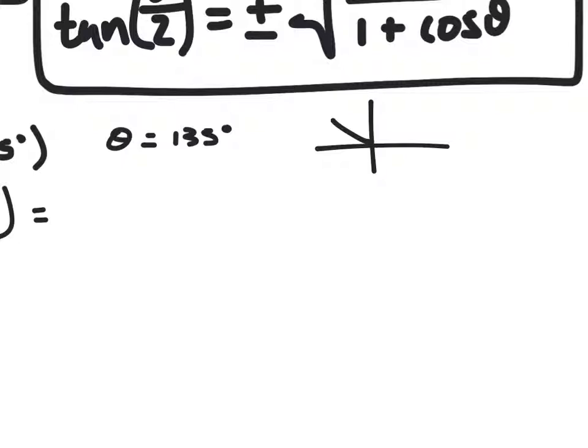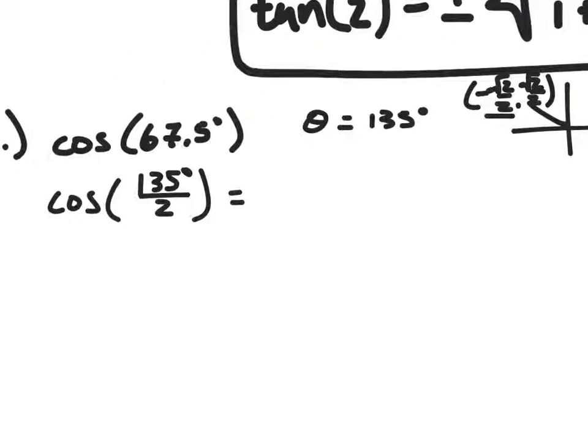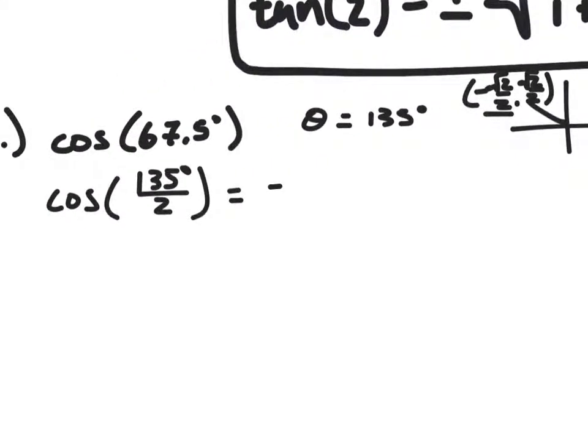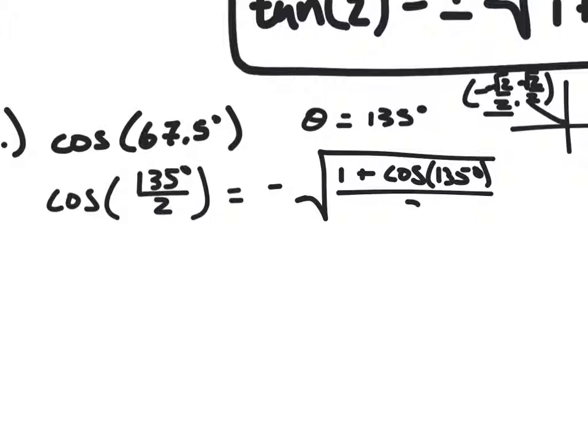My cosine is going to be negative. All right, so this is going to be negative root 2 over 2, comma root 2 over 2. Because cosine is negative, we're going to use the negative square root. So negative square root of 1, and that's going to be plus cosine of 135 degrees all over 2.